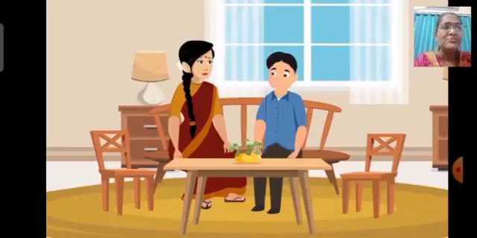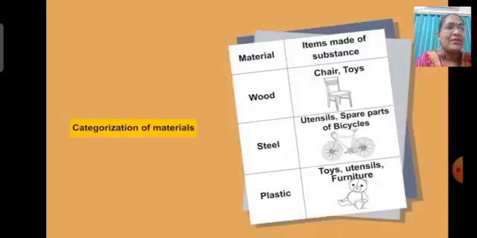Then Rohan's mother wrote various substances in one column of the list, and in the second column Rohan wrote all the things one by one and made pictures of what he saw in the market. Like wood. Wood is used to make chairs and toys.